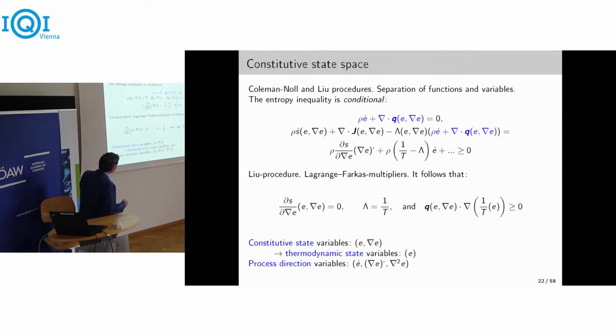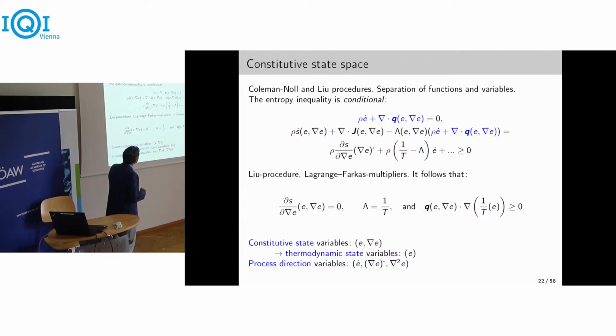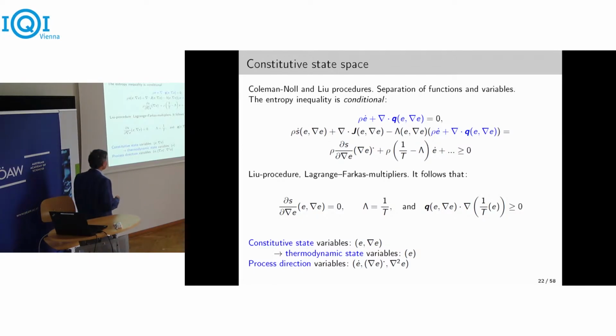For example, I can understand that lambda is the reciprocal temperature. So the multiplier is not arbitrary. It belongs to the derivative of the entropy by E. And also, I can deduce that the entropy is independent of the gradient of E in spite of my original assumption. And also, let's say the remaining inequality appears here.